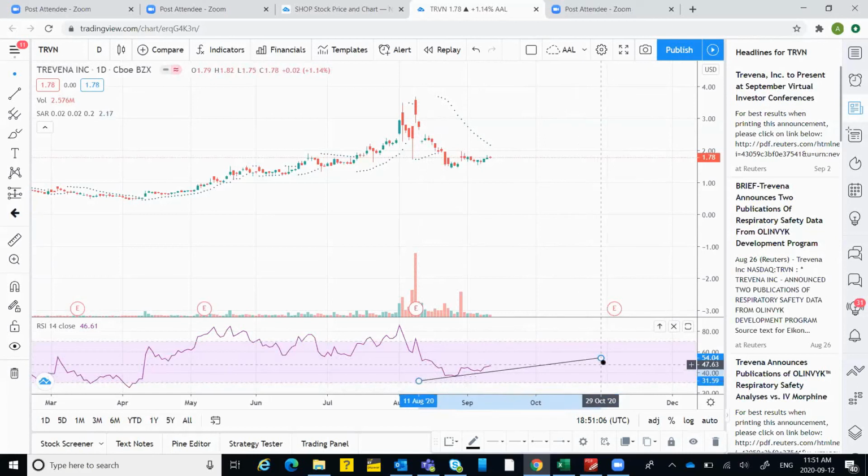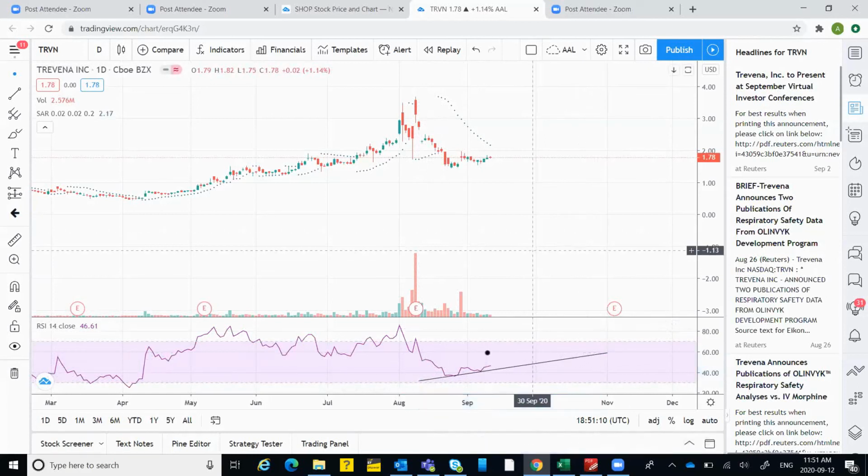If it crosses the level of 50, which is very near, it will come into the positive range, an uptrend range.